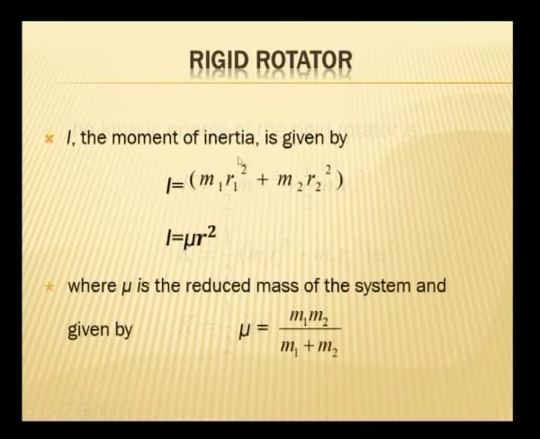The moment of inertia is given by I equal to m1 r1 square plus m2 r2 square, and that is again I equal to mu r square, where mu is called the reduced mass of the system, defined as the product of the two masses m1 and m2 divided by the sum of the two masses, m1 plus m2.